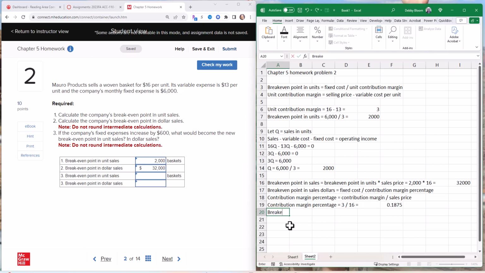So our break-even point in sales dollars is our fixed cost of $6,000 divided by 0.1875. So that should work out to the same $32,000.